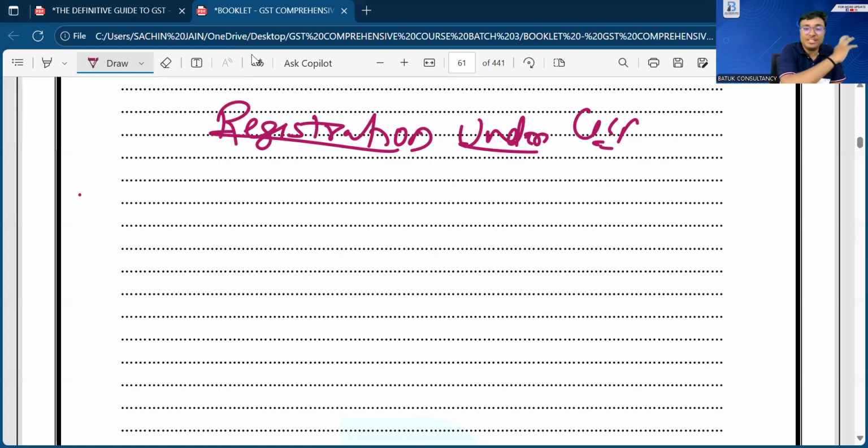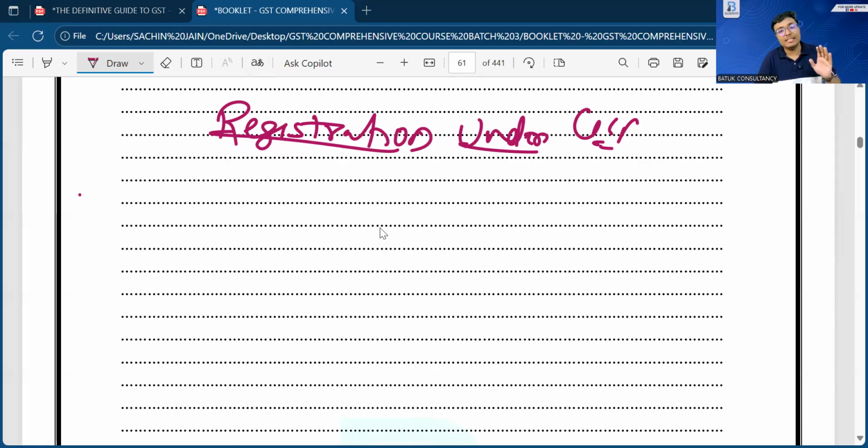But if you are partially dealing in taxable goods and partially in exempted goods, then you have to take the GST registration. If you are an agriculturalist selling produce generated through the cultivation of land, in that case also there is no requirement to take the GST registration.